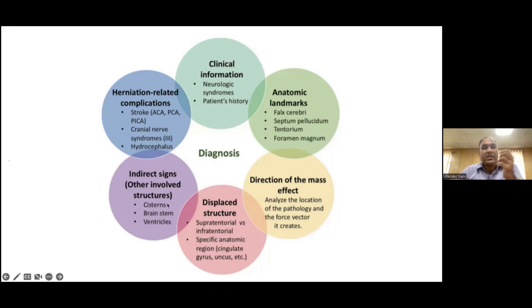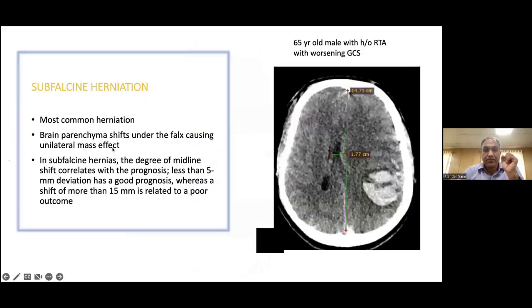There are some indirect signs: what is happening to the cistern spaces, the brainstem, and the ventricles. Then there are some herniation-related complications as well. There can be stroke because of compression of the ACA, PCA, and PICA arteries. Cranial nerve syndromes can happen, third nerve palsy and third nerve stretching, and then there can be hydrocephalus.